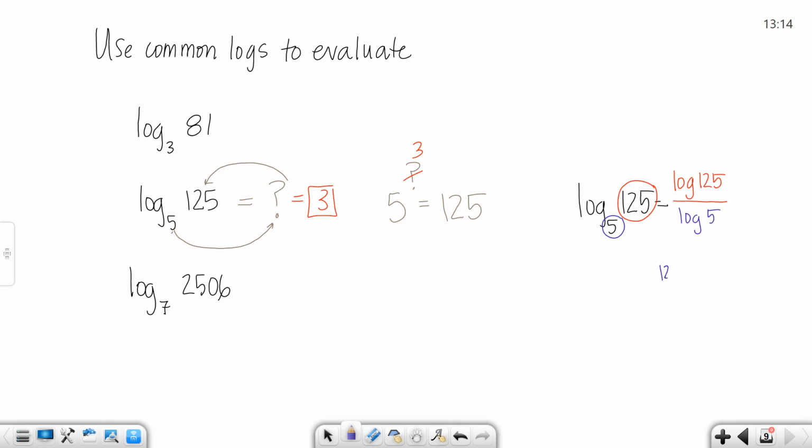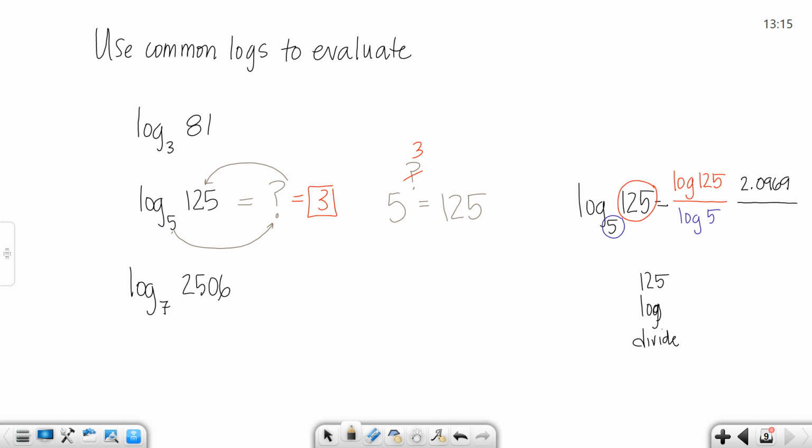If you use the TI-30XA, here are your keystrokes. You hit 125, and then you hit the log key. At this point on your calculator, you see 2.0969. Okay, leave that in there. So what you've calculated is this top number, 2.09691013. After that, you're going to hit divide.